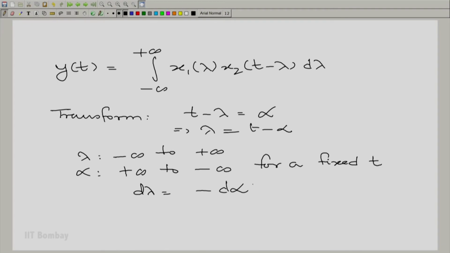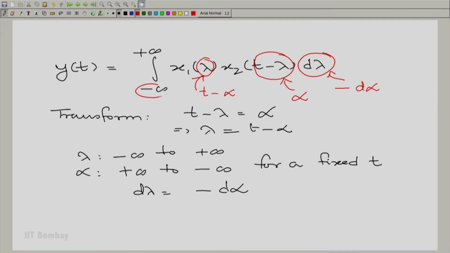So, all in all, we must now make the replacement of variable as follows. t minus alpha needs to be replaced by lambda, or t minus lambda by alpha, it is the same thing, and d lambda is minus d alpha.